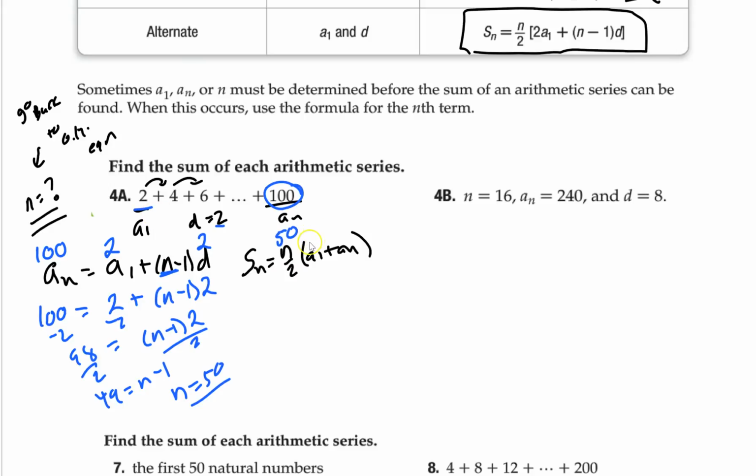A1, I know is 2. And AN is not 50. A lot of people put 50 there. It's the value, 100. So I'm going to get 50 over 2 is 25 times 102. And the sum of the first 50 terms is 25 times 102, which is 2550, I believe.